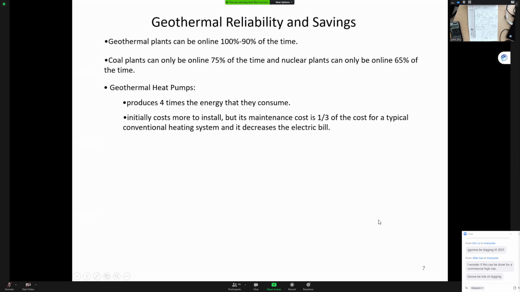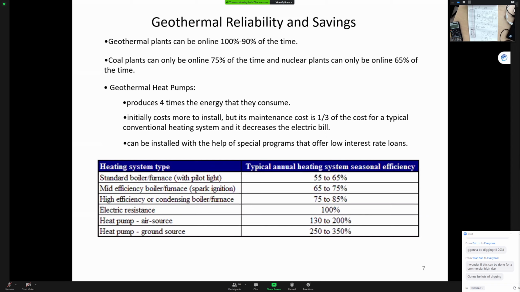Other plants, you always have to shut down to do maintenance. The heat pump, this the video tells you, because the video is a sales video, right? They explain things to you. They said you can get 5 times more heat than the electricity you use to circulate the pump. Most of the time, for ground source, the typical efficiency is about 250 to 350 percent, and for air source heat pump, you can only have 130 to 200.